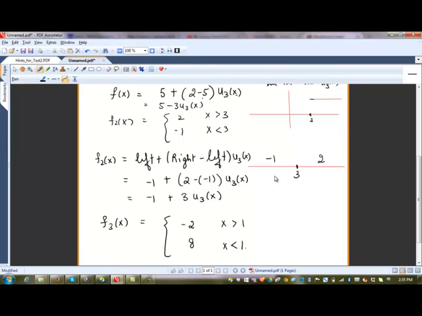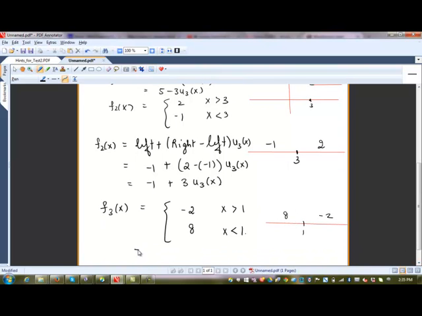Okay, so draw a real line and mark the point of discontinuity 1. The function on the left is taking 8, the function on the right is taking the value minus 2. Now u1 will be 0 when x is less than 1, so 8 has to make its contribution as it is.